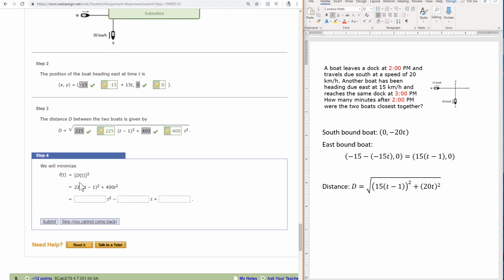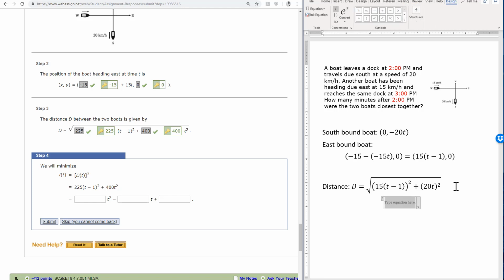Like before, what we're going to do with our distance formula is square it, because the max and min for a square root of a function is the same as the max and min for the square of that square root. So it's going to be the square of the function, which is essentially taking out the square root.